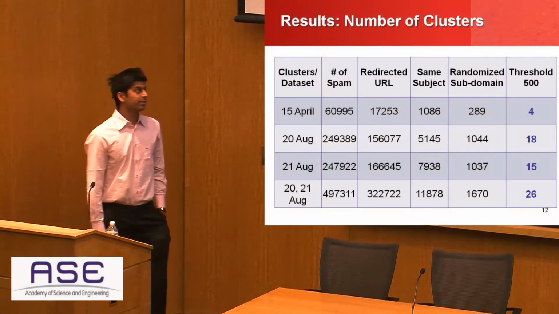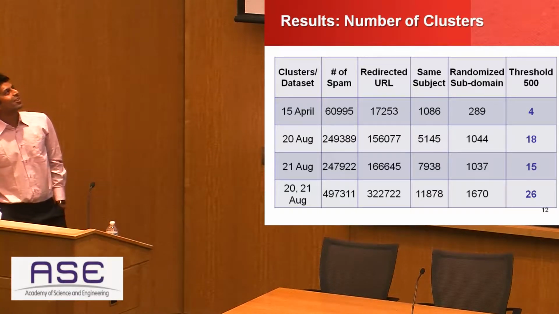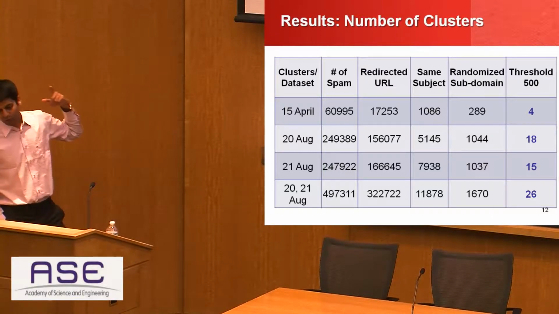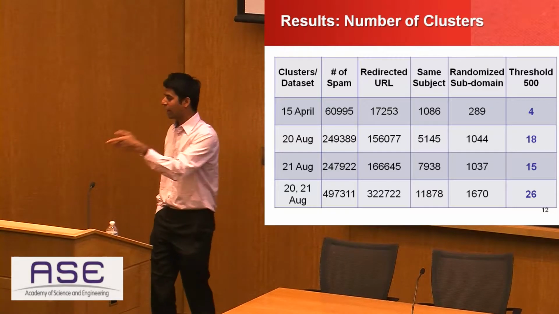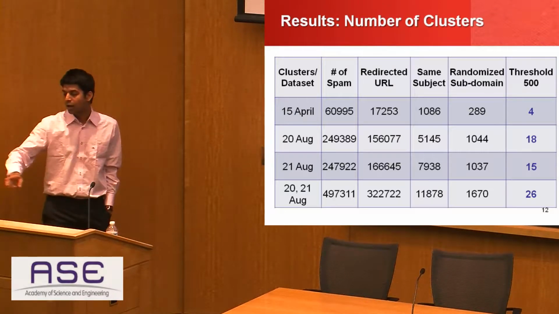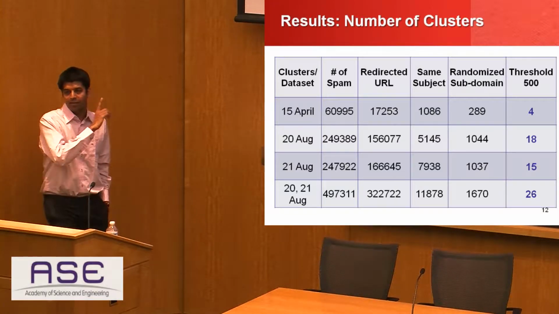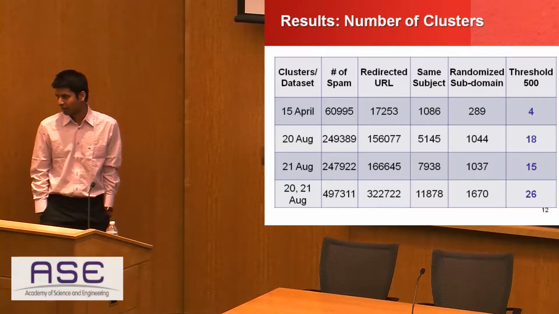So here are the results. Is it pretty impressive? We have data of different time periods. On 15 April, we have data of around 60,000 spam emails. We have different levels of clusters. In the first level, in column 3, by using the redirected URL, these spam emails have been reduced to 17,000 clusters.